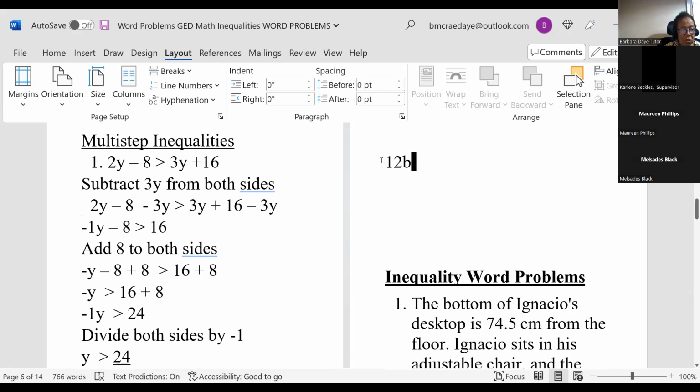This is number 2 of our multi-steps. 12b plus 32 less than 3b minus 5.